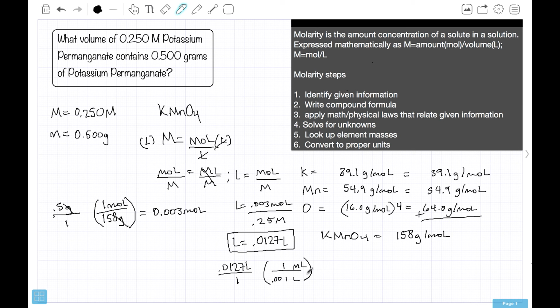When you do that multiplication, the liters cancel, you're left with milliliters, and you're left with 12.7 milliliters. So either of the two answers are correct. It just depends on what unit you were asked to give your answer in, if any.